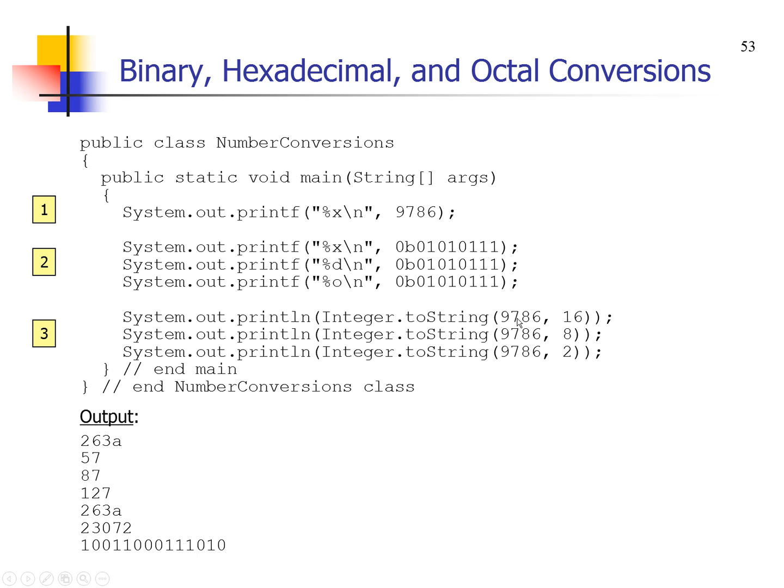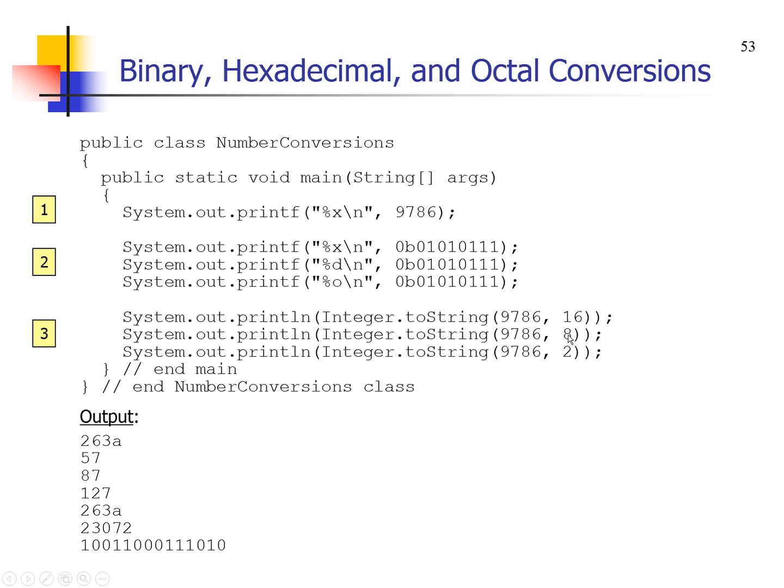Then we have integer to string. So down here we're doing decimal to hexadecimal, then decimal to octal, and then the last one is decimal to binary. I know it's kind of weird, but that's how it works.